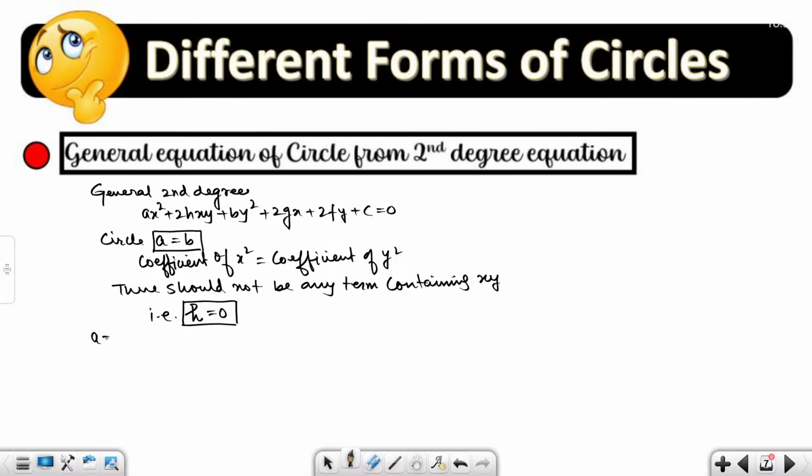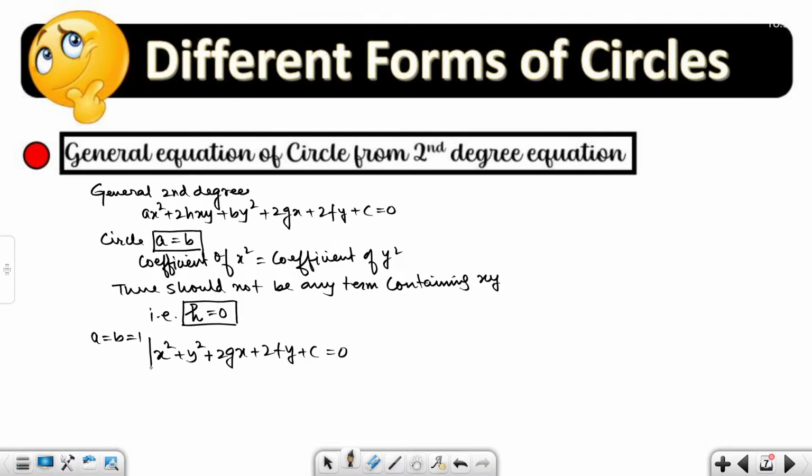Now this general second degree equation will transform into, for the simplicity of the problem, let me take A equal to B, because A has to be equal to B if it represents a circle. Let us take A equal to B equal to 1. So this will transform into x square plus y square plus 2gx plus 2fy plus c equals to 0.